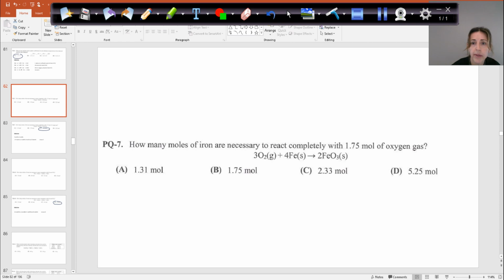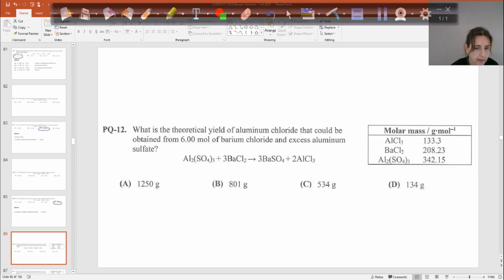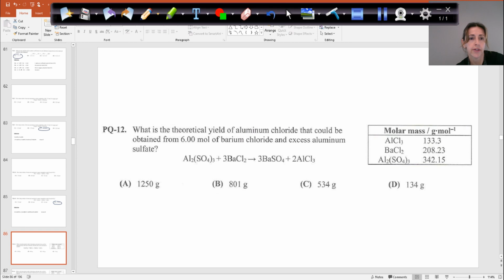I think I have picked this one. A little more challenging. What is the theoretical yield of aluminum chloride? Aluminum chloride is this guy right here.